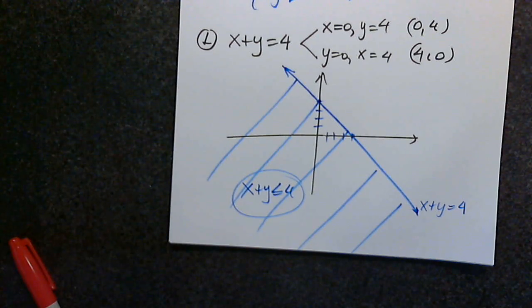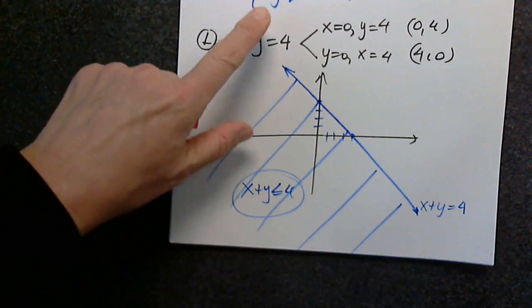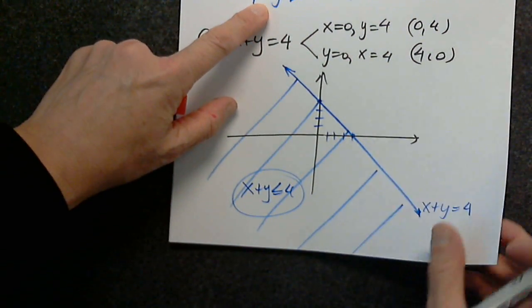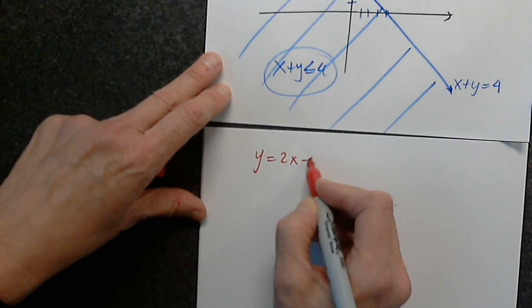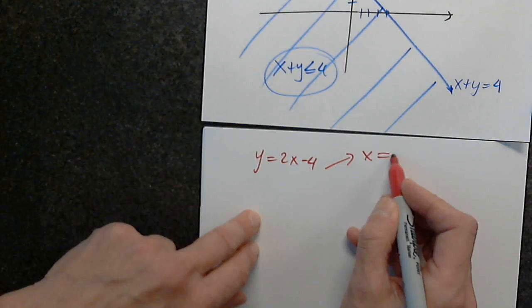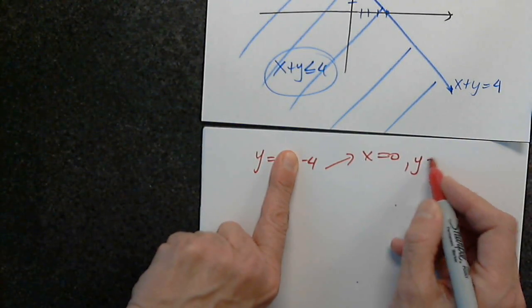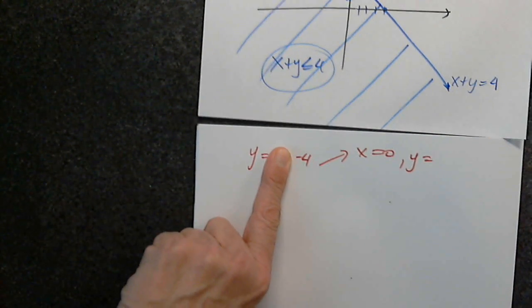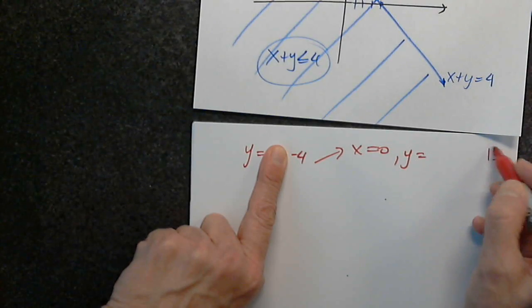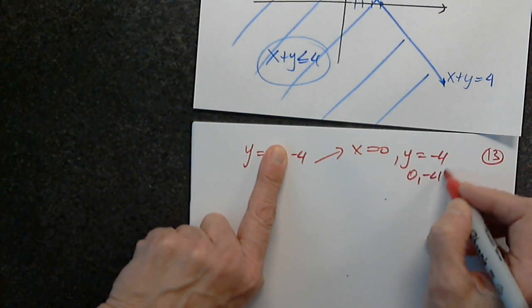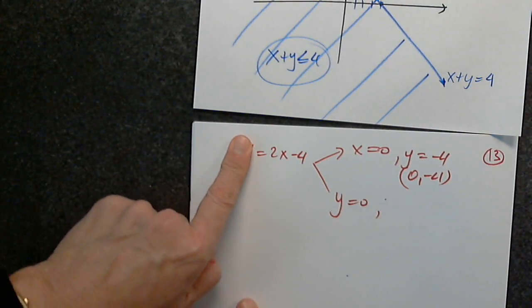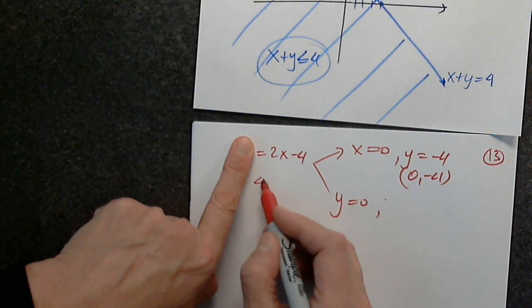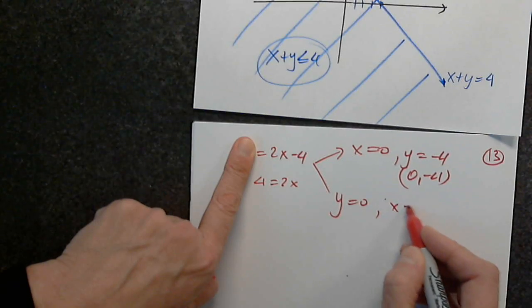I will repeat the same steps for y equals 2x minus 4. When x is 0, how much is y? So 0, negative 4. And now when y is 0, I have 4 equals 2x, so x equals 2.